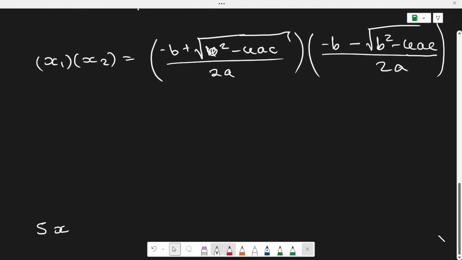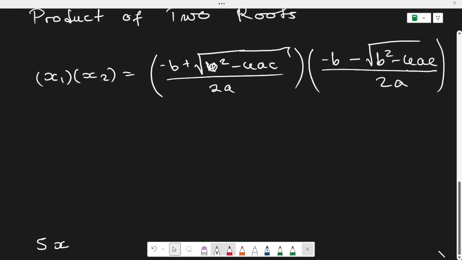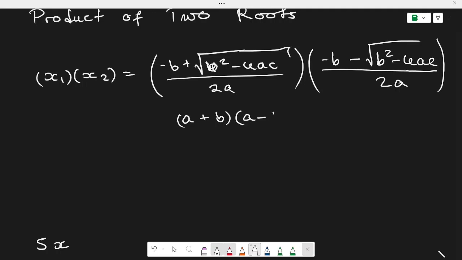Okay, so what we quickly realize here is that this is just the same as, we can think of what's on top to be a plus b and a minus b. And when you have this, your result is going to be a squared minus b squared.